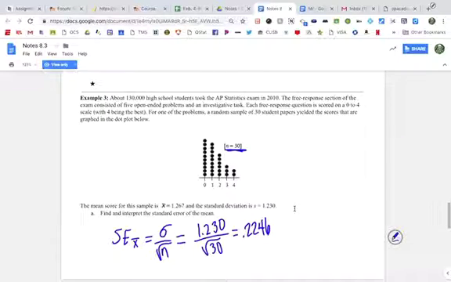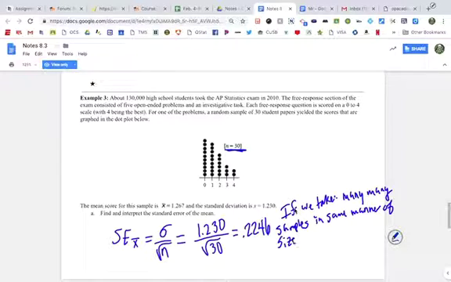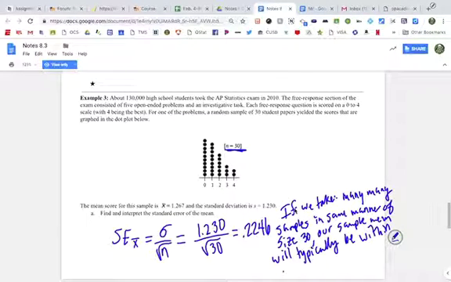Then it asked us to interpret it, so we have a blurb for standard deviation. If we take many samples in the same manner of size 30, our sample mean will typically be within 0.2246 points of mu for a given question.